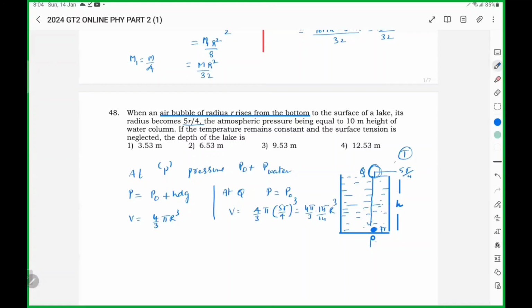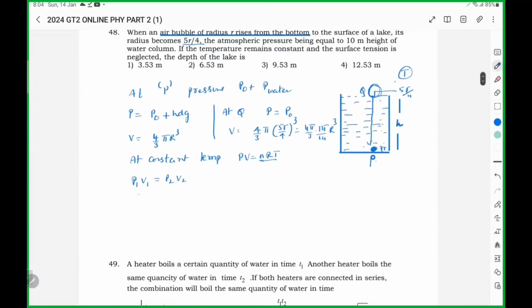So at constant temperature, PV is nRT, which is constant. P1 V1 equals P2 V2.